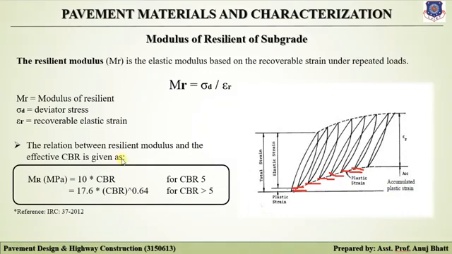A triaxial device equipped for repetitive load condition is used to carry out the resilient modulus test. The test may be conducted on all types of unbound pavement materials, ranging from cohesive to stabilized material.